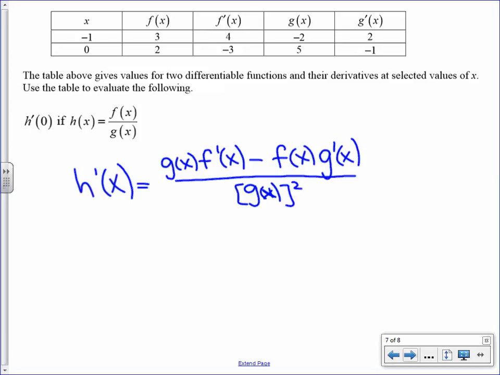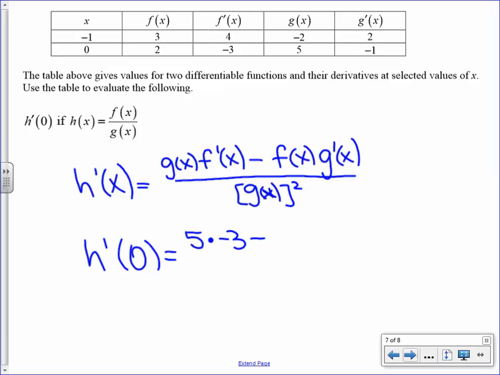Now, this is our derivative. We want to evaluate it at 0. So what is g of 0? 5. What is f prime of 0?